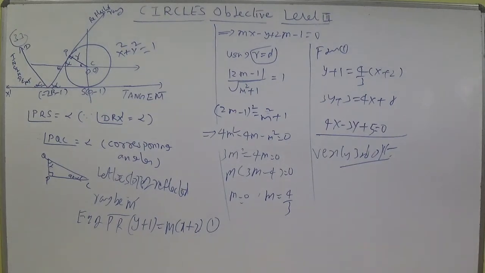The equation of the tangent, minus 2 comma minus 3, is correct only, for x square plus y square is equal to 1.